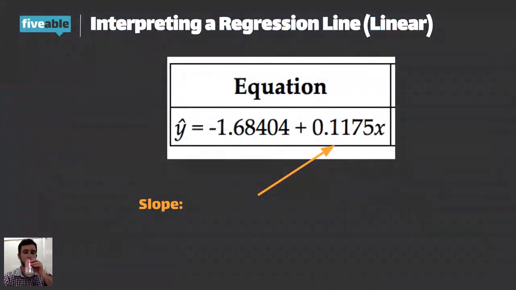So here's an example with our data from my students yesterday. So here's the equation. There's our slope, 0.1175.